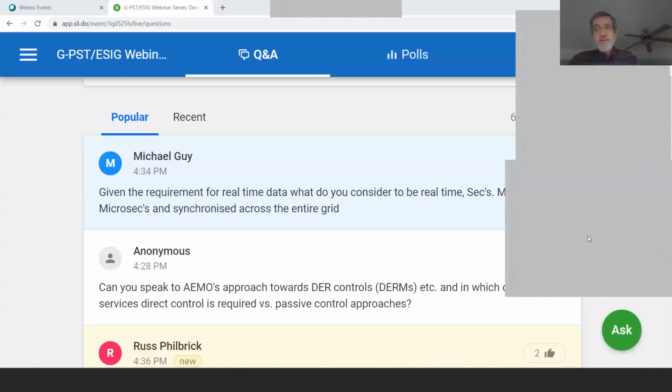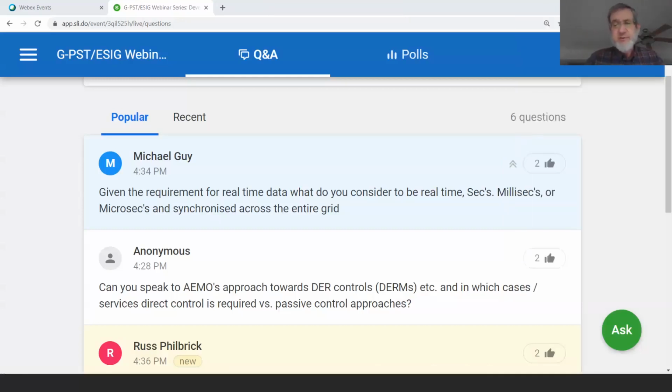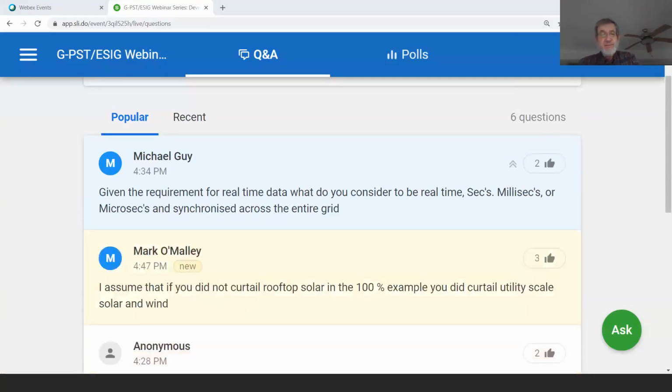Okay, and one on DER. Can you speak to AEMO's approach towards DER controls, distributed energy resource management systems, etc., and in which cases direct control is required versus passive control?